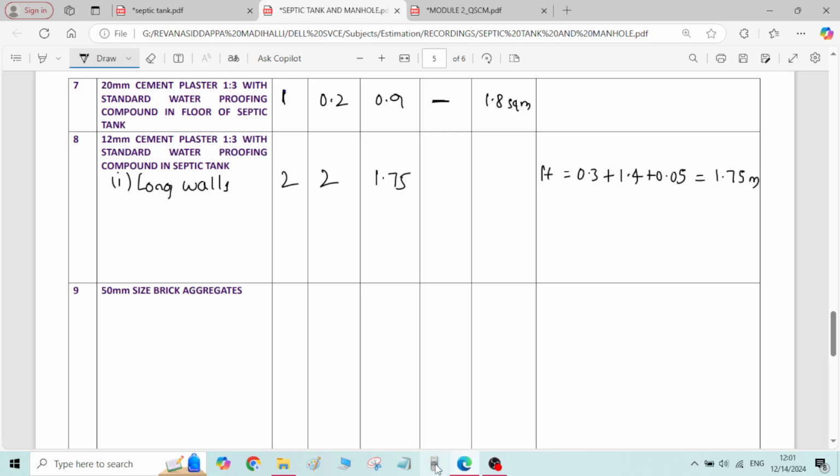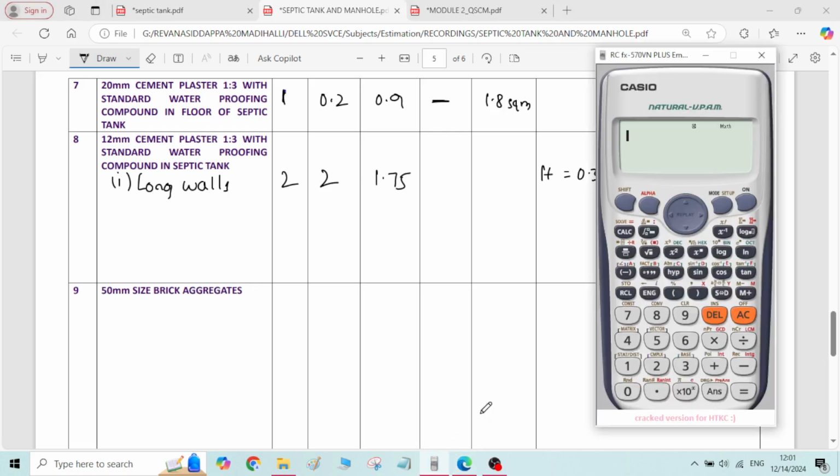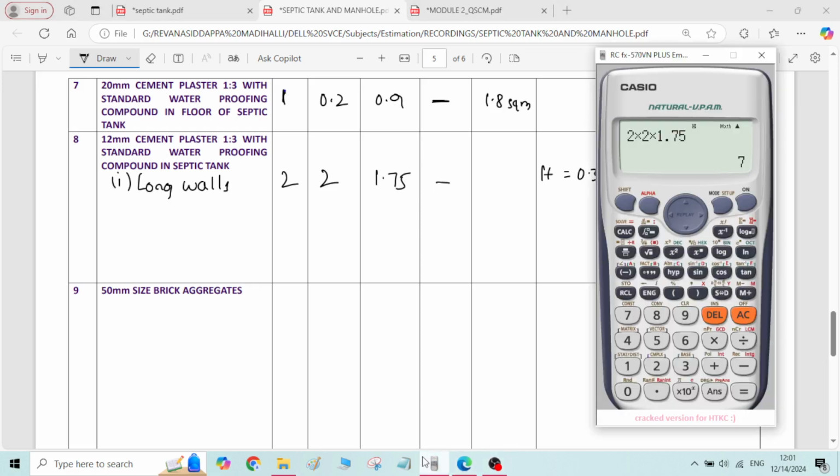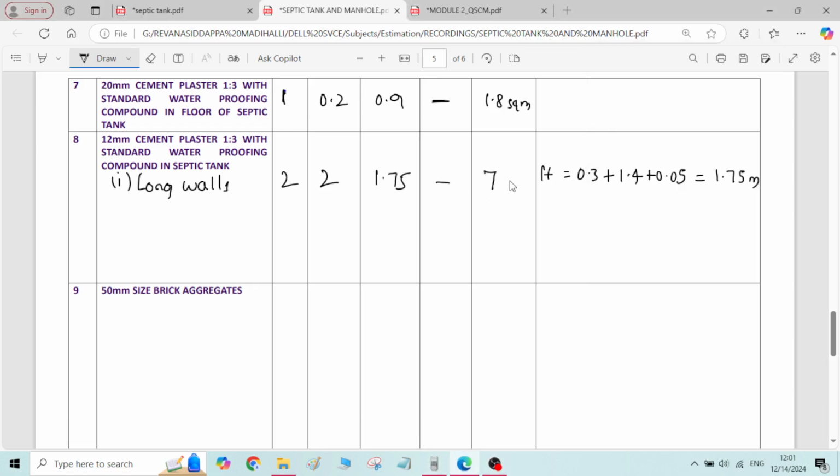Let me calculate this answer. 2 into 2 into 1.75. How much we got? We got it as 7 square meter.